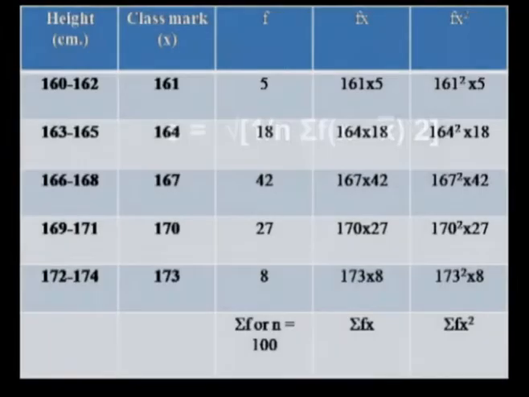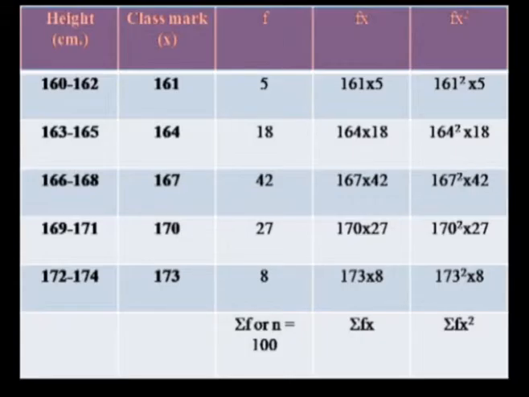Now, from this table, see how I have calculated the same distribution. I first multiplied f with x, and you see in the fourth column all the values of fx. In the fifth column, I squared the class mark and then multiplied by f, and thus we get the values for fx square.